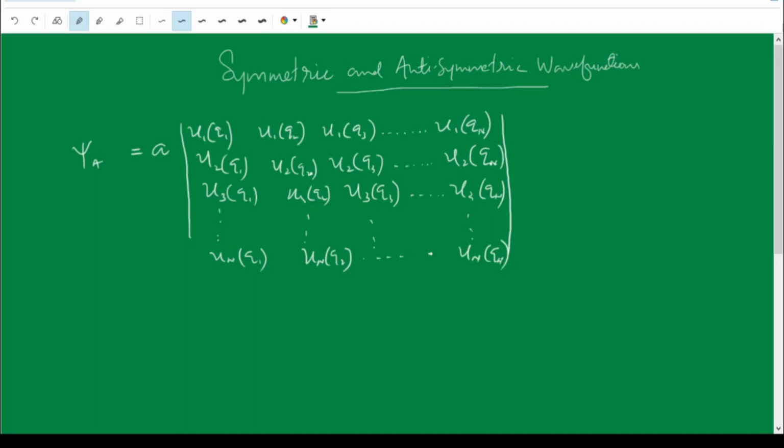So this is the antisymmetric wave function. We have discussed this already in the last class.